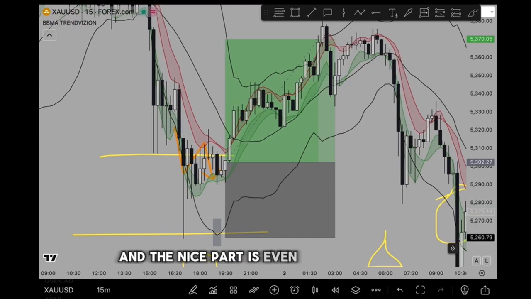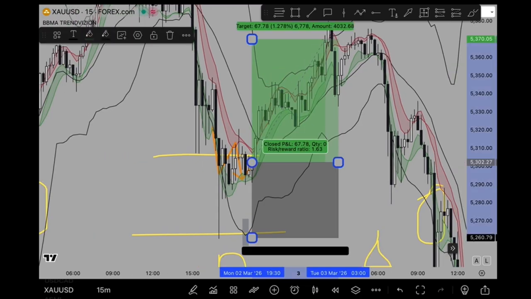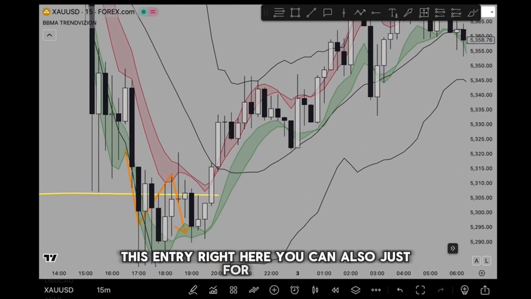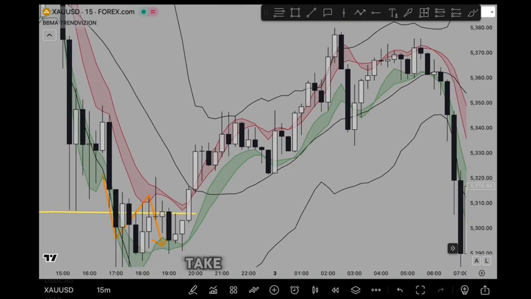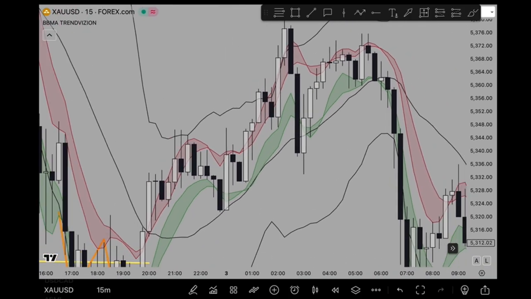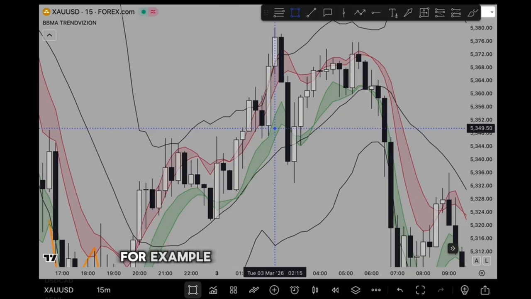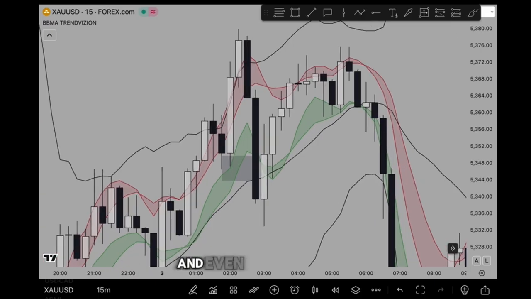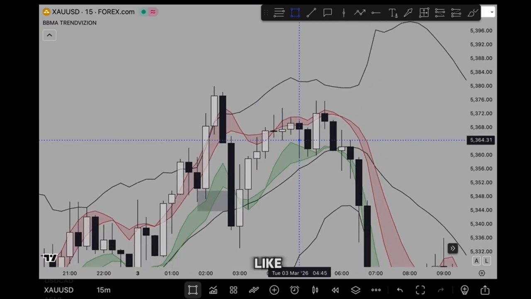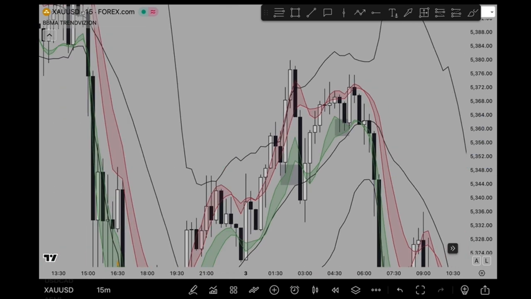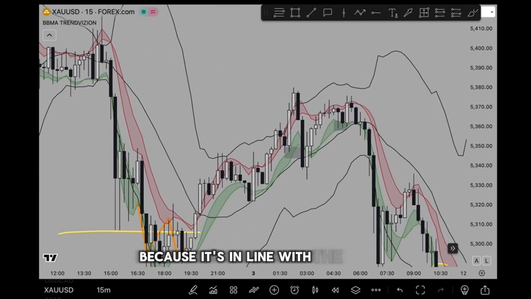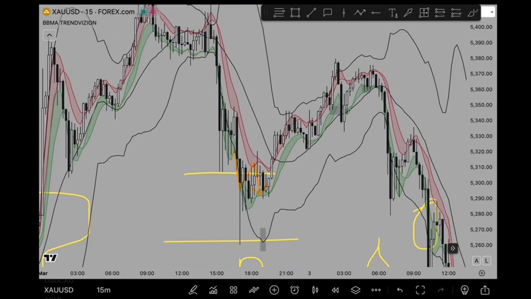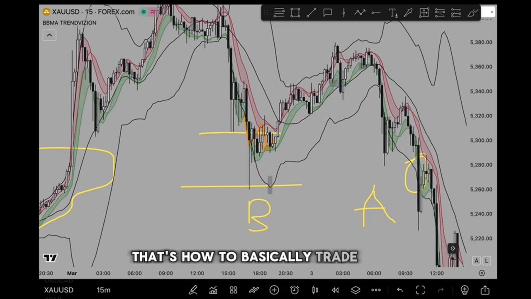And the nice part is, even if you miss that entry right here, you can also just take another re-entry. For example, this one, this is a momentum one. And you could even take this CSA re-entry right here, because it's in line with the 4 hour re-entry. So that's how to basically trade 3 time frames.